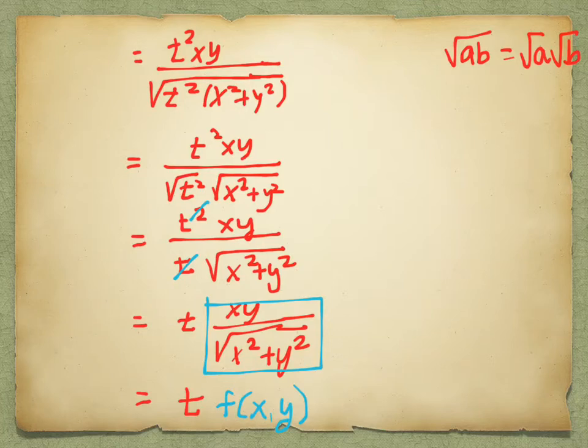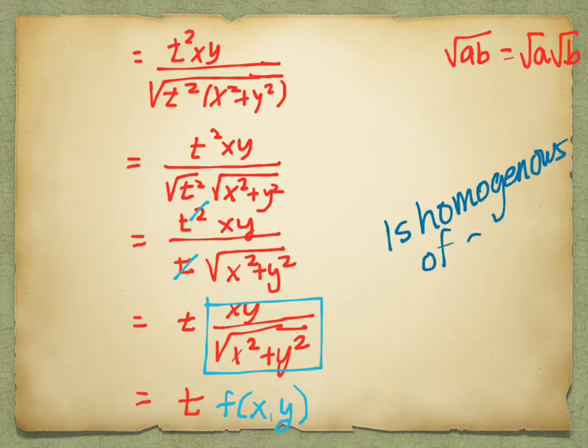Okay. But I have a t in front, and I've got the f of xy after that. So it is homogeneous, of degree what? Degree 1. Because I don't see it here, but we understand 1 as the power of that t. So this is degree 1.